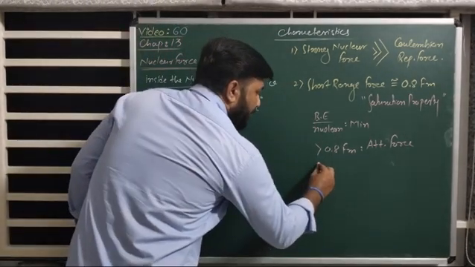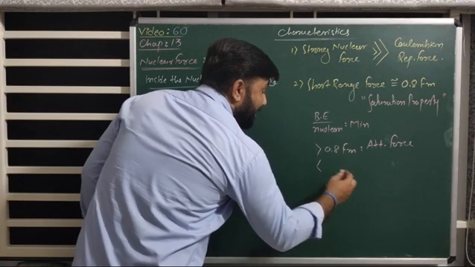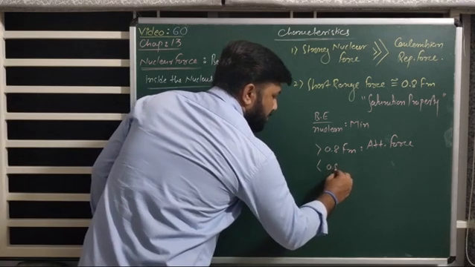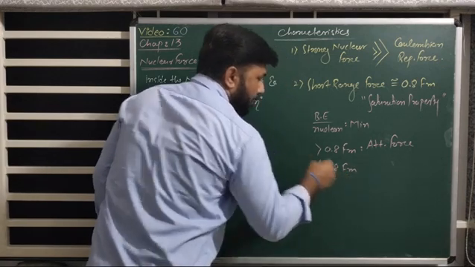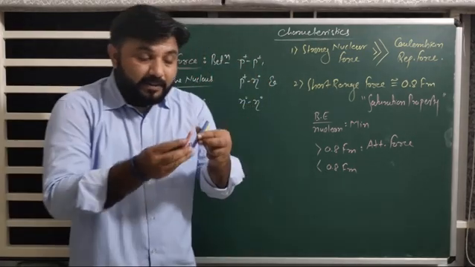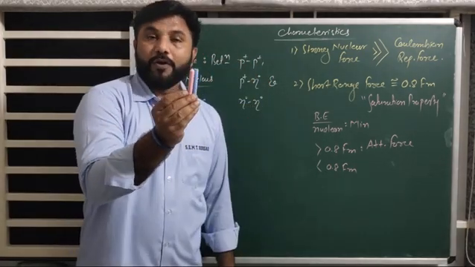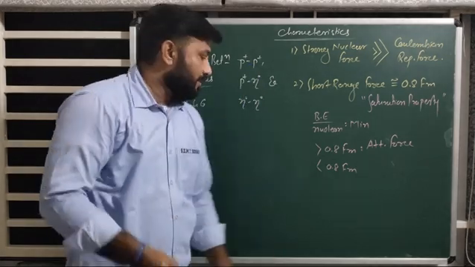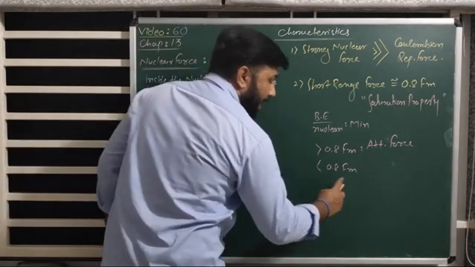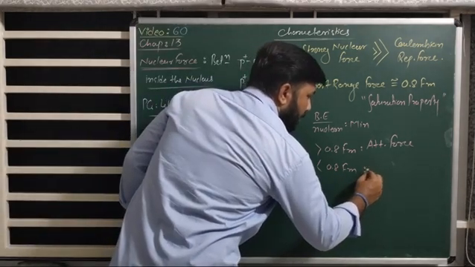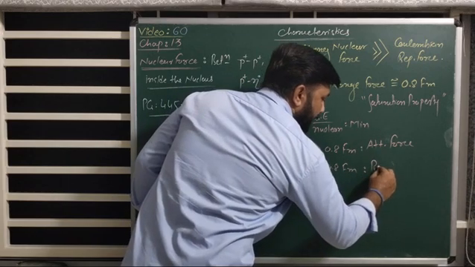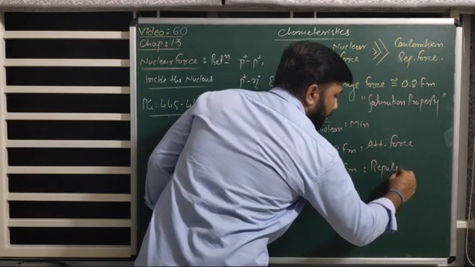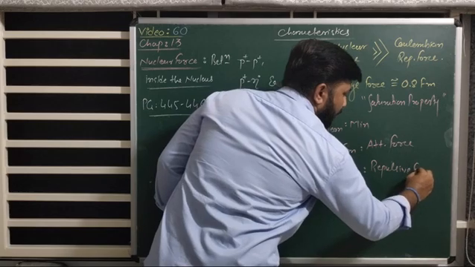But if it increases, then 0.4 FM, means distance between the two nucleon increases, then 0.8 FM, then that force must be repulsive force.